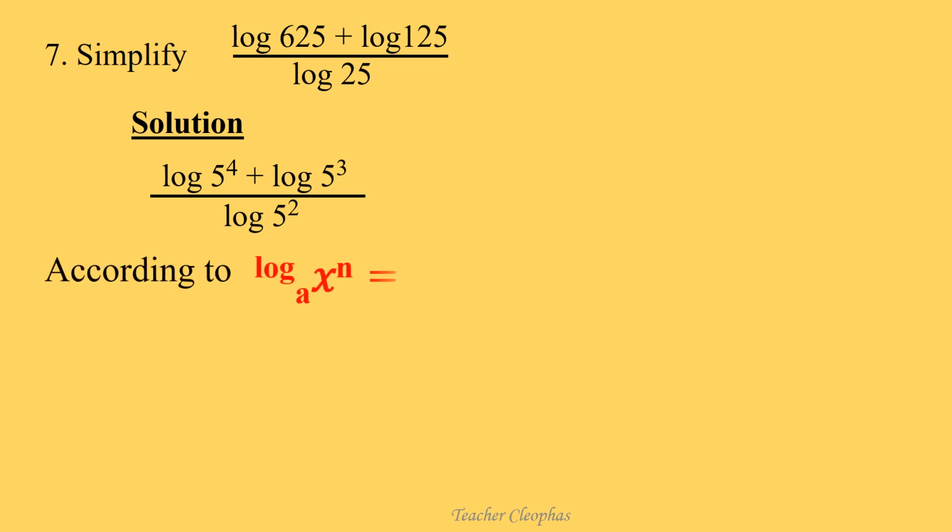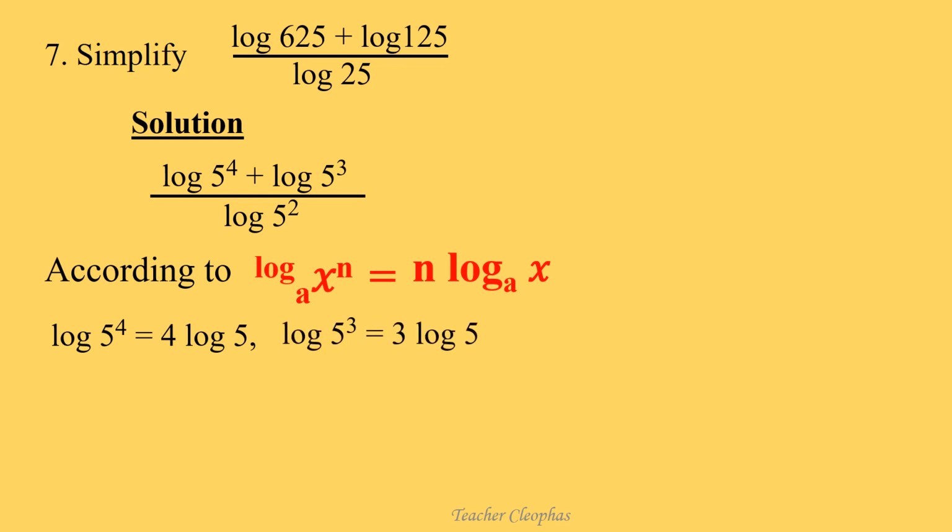According to the law that states that logarithm of x power n to base a equals logarithm of x to base a multiplied by n, we can write this as logarithm of 5 power 4 being equal to 4 multiplied by the logarithm of 5, then logarithm of 5 power 3 equals 3 multiplied by logarithm of 5, and logarithm of 5 squared equals 2 multiplied by the logarithm of 5.